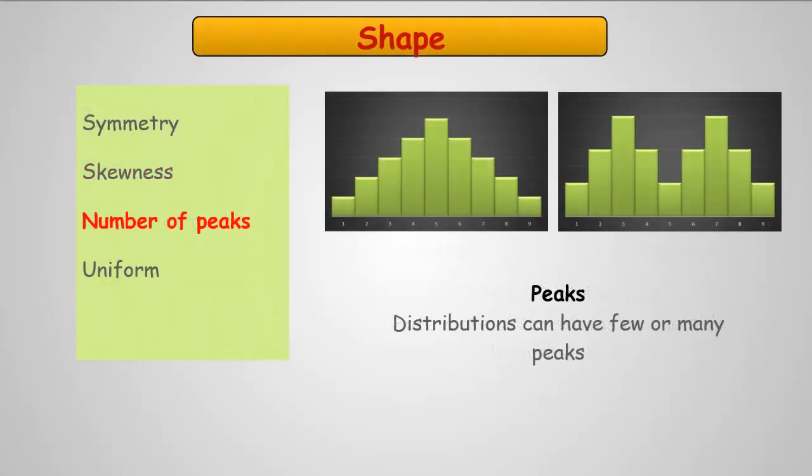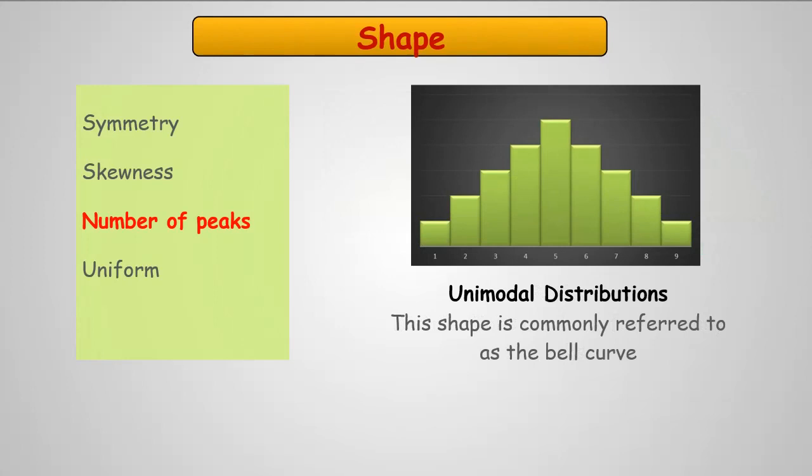Now the number of peaks from the shape that I can draw allows me to identify a unimodal data set where there is a single peak, as you see on the left, and a bimodal data set, as you see on the right, where there are two different peaks. And we're going to show some examples of some social characteristics where that type of thing would occur. When you see a unimodal distribution, this shape is commonly referred to by most people as the bell curve.